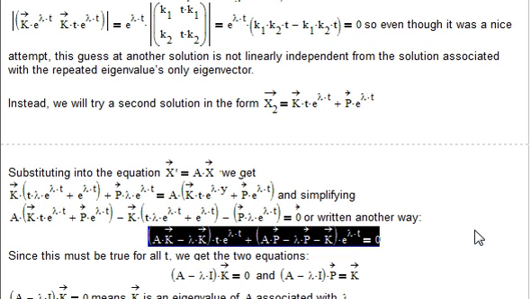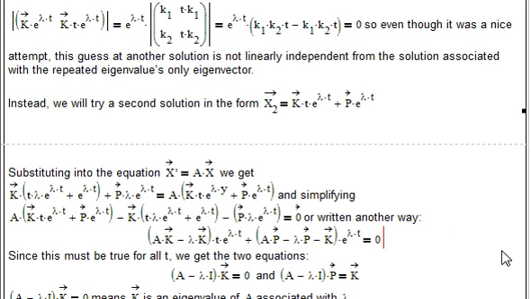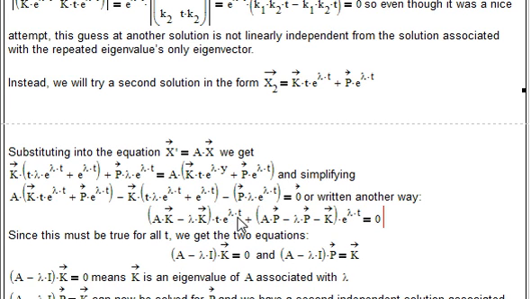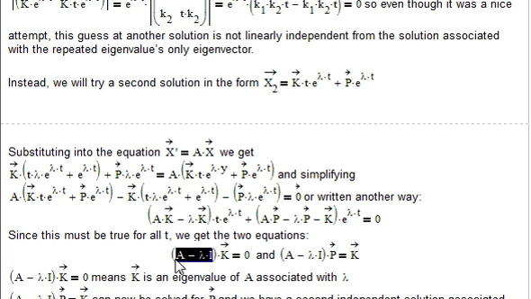written like this equation. Since this is true for all t, we get two equations. In other words, whatever value t is, we know that A minus lambda I, because that's what this is, times k equals 0, because there's a 0 on this side. Actually, that should be a 0 vector.